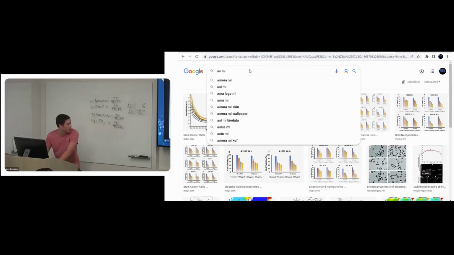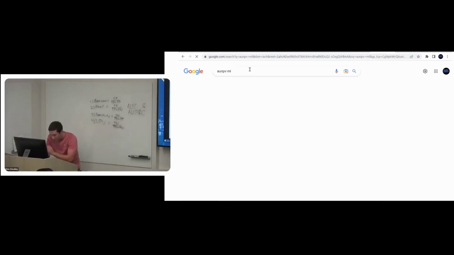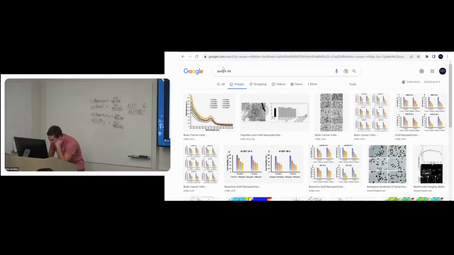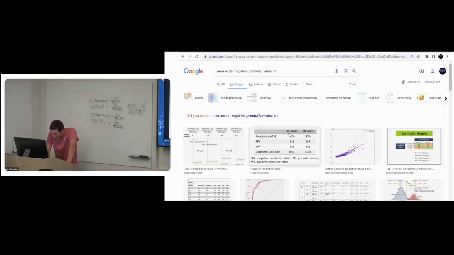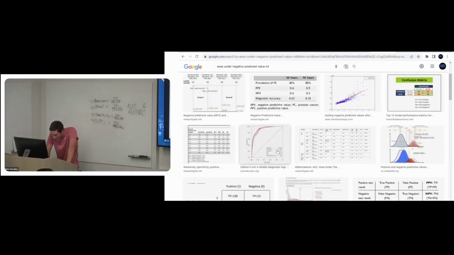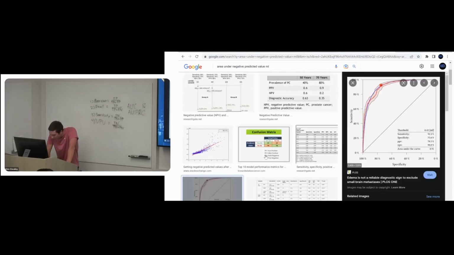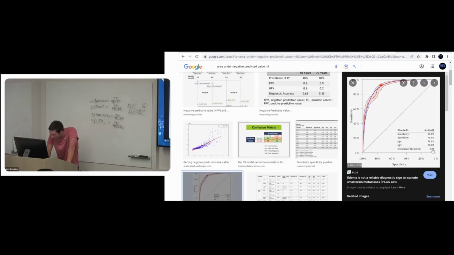Or you can say area under predicted values. Wait, then what's sensitivity?